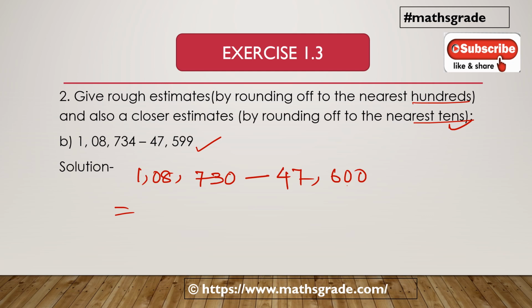Now subtracting, this difference will be 0 for the unit place. 13, 3 minus 0 is 3, 7 minus 6 is 1, and 8 minus 7 is 1, 10 minus 4 is 6. That is 61,130. This is the answer.